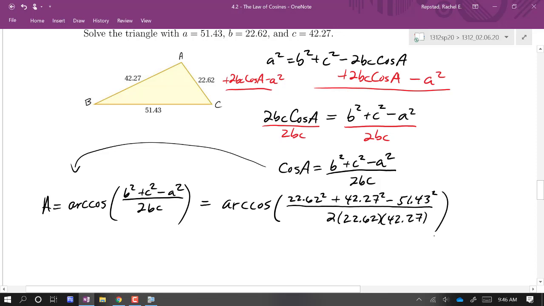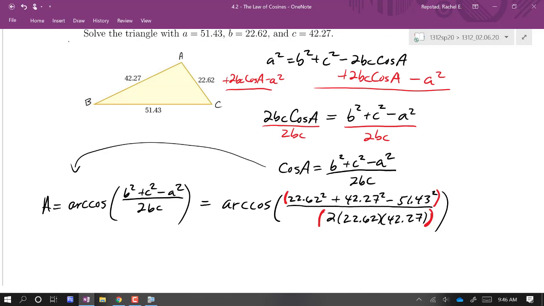When I plug this in the calculator, I'm going to make sure that I have a set of parentheses around the numerator that goes inside the arc cosine and a whole set of parentheses around the denominator. That's super important. You will not get the correct result if you don't encase your numerator and denominator separately.